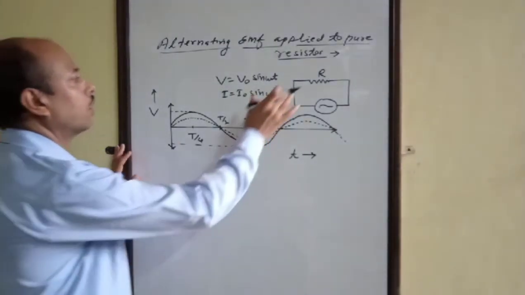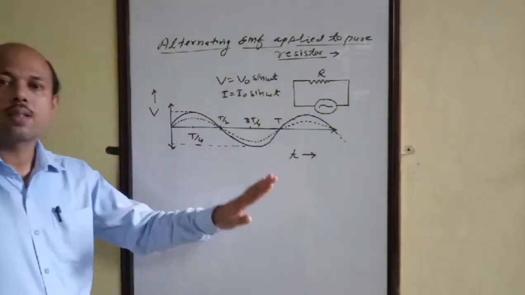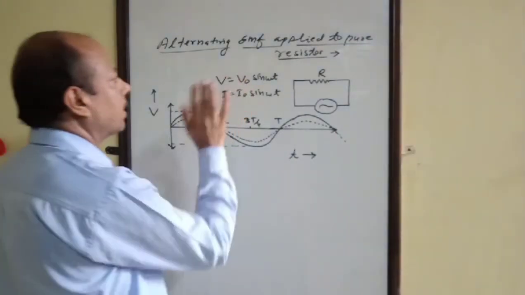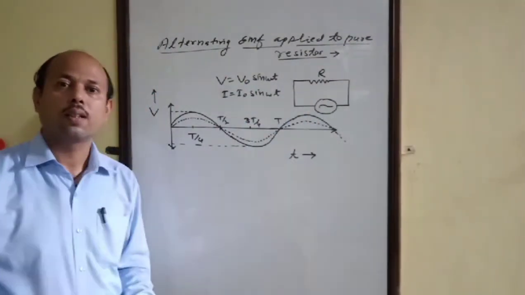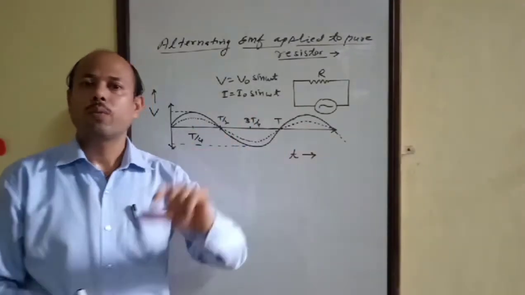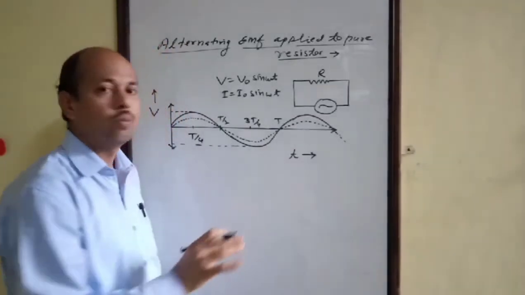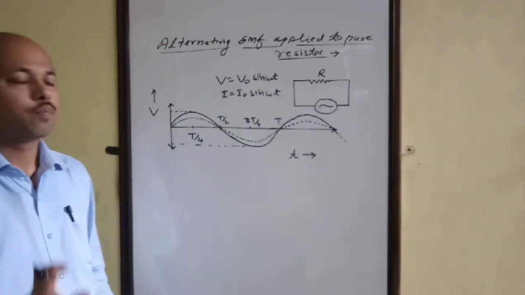So this is how resistance behaves with AC. It is clear that in the case of a resistor there is no effect whether we apply AC or DC. The voltage and current both vary in a similar manner.